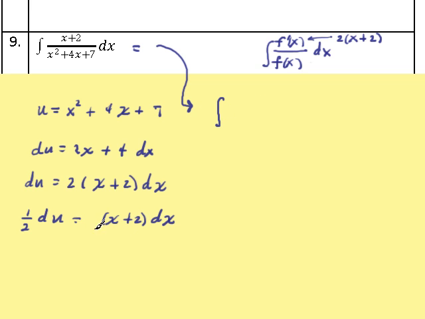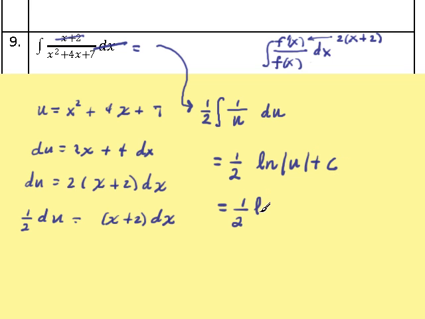So instead of x plus 2 dx, we're putting 1/2 du. And here we have 1 over u. So that's our log absolute value of u. Now put the x's back. u is x squared plus 4x plus 7.